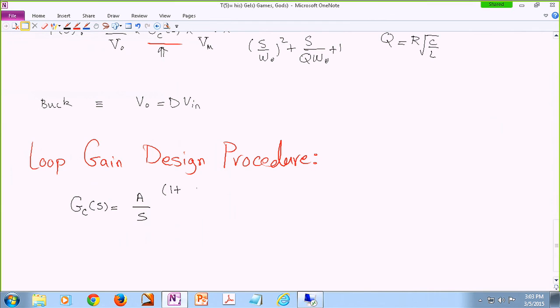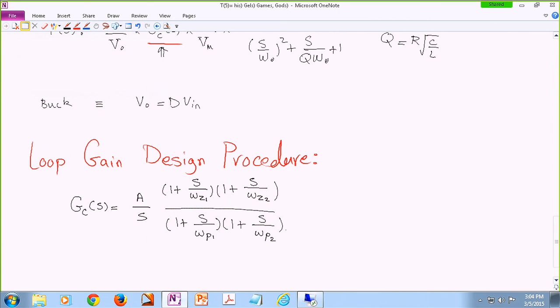Then we have 2 zeros and 2 poles. So we have 2 zeros, omega Z1 and omega Z2, and 2 poles, omega P1 and omega P2.